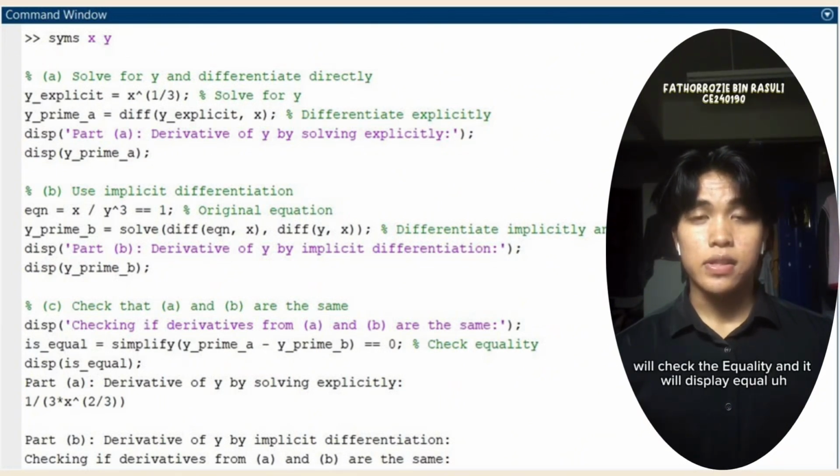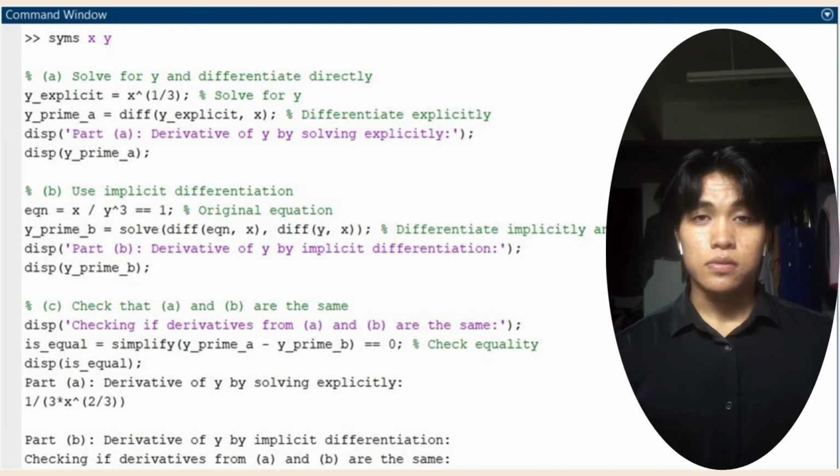MATLAB will check the equality and display equal because A and B have the same answer that we got in the manual calculation. So that's all from the simulation when we run it in MATLAB.